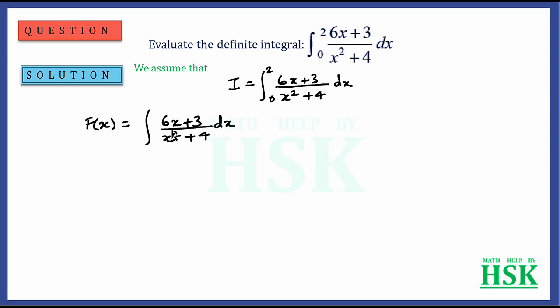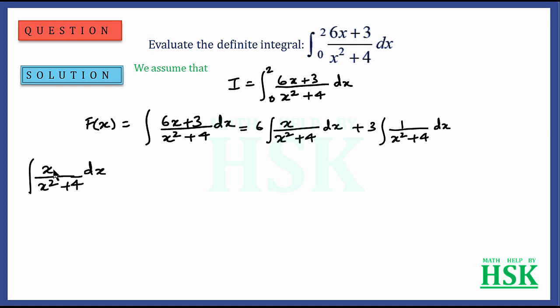We cannot solve this integral directly, so for simplification I have converted this integral as the sum of these two integrals. Now this can be integrated directly, but this cannot be integrated directly. It can be solved only by applying the substitution method.